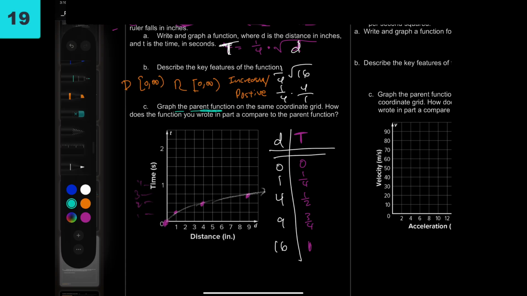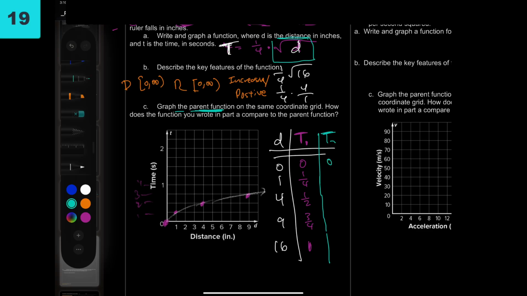Graph the parent function. So the parent function is just the square root of d. Okay, so let's say you do t is 1. I'm going to call this one t2. What happens to our time? Well, we're not going to multiply by 1/4. I'm just doing the blue box.